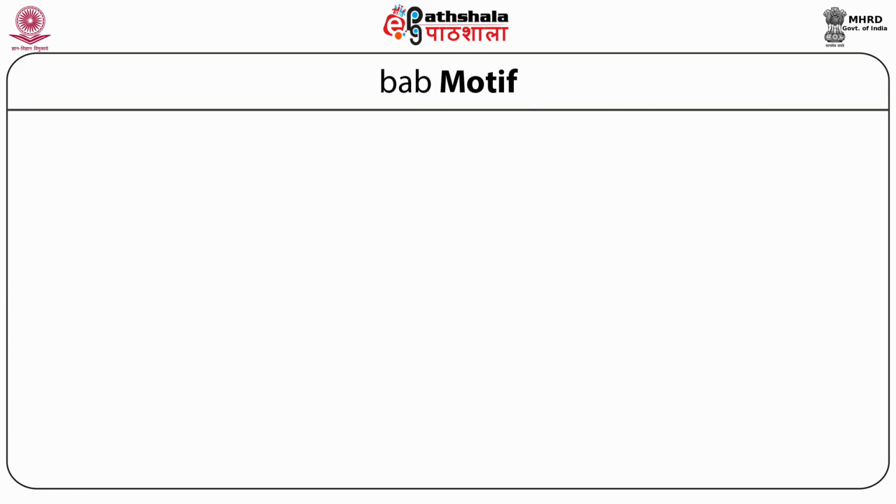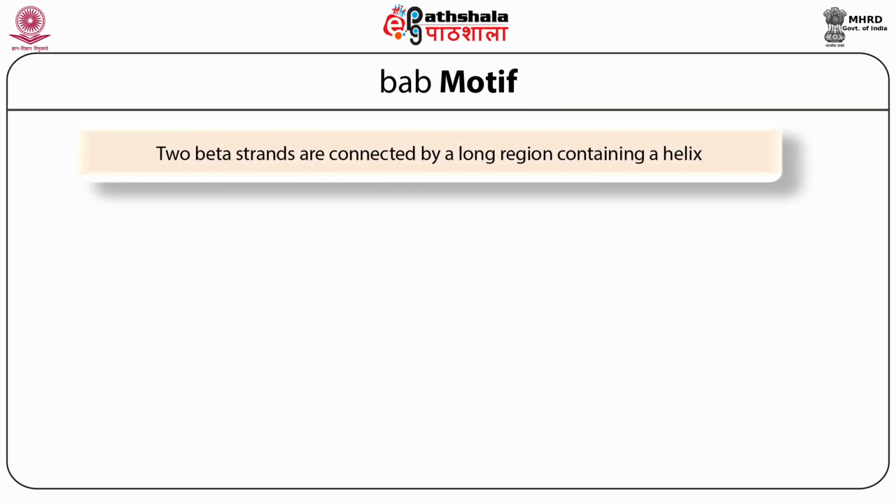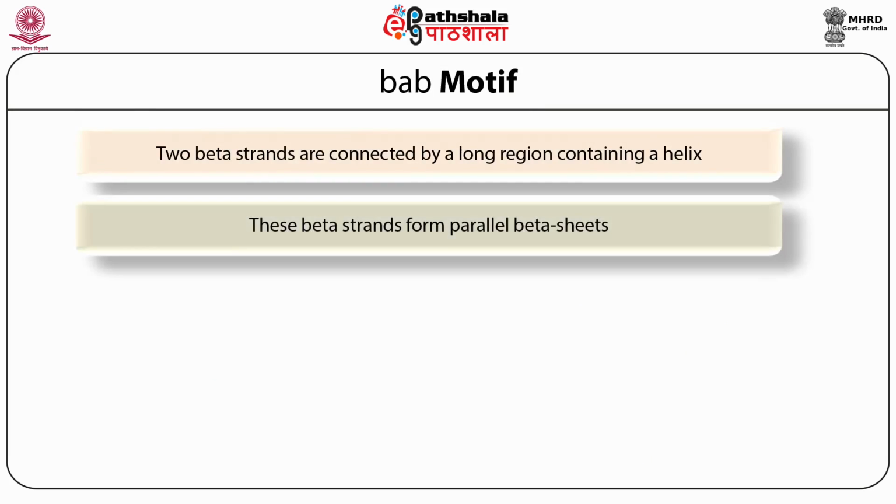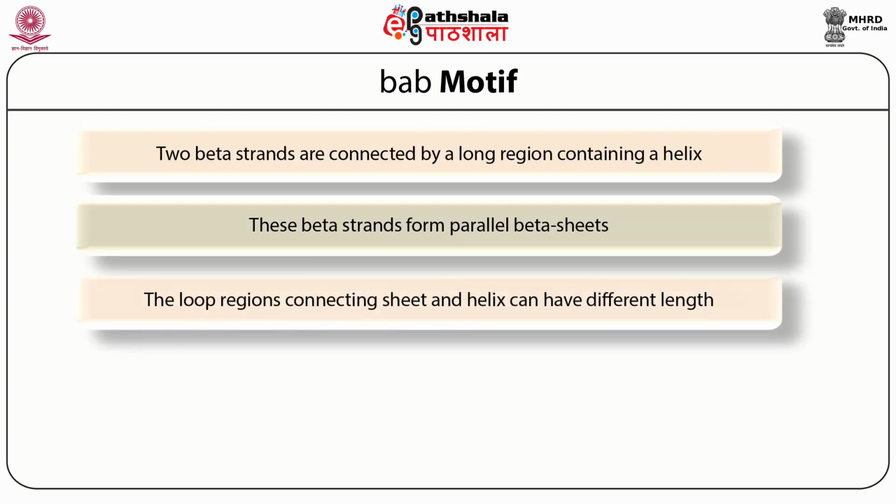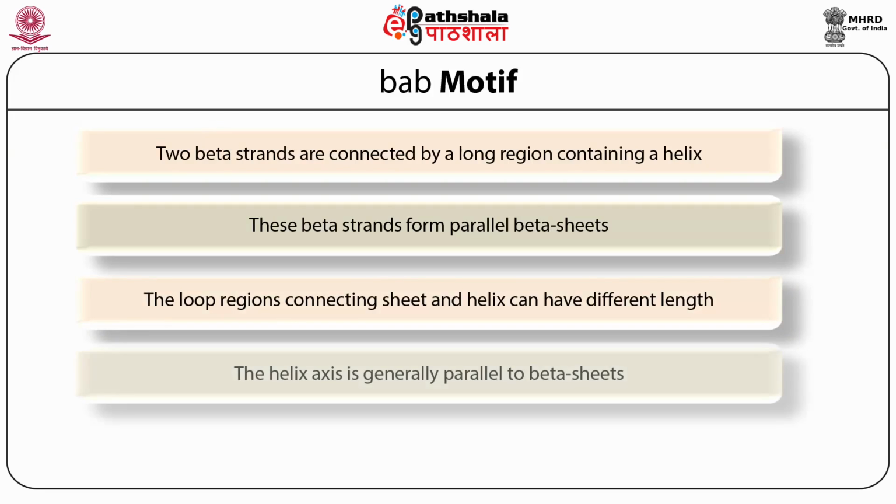Beta alpha beta motif. Two beta strands are connected by a long region containing an alpha helix. So these two beta strands form parallel beta sheets. The loop regions connecting the beta sheet and helix can have different lengths, so the length could vary, and the helix axis is generally parallel to the beta sheets.